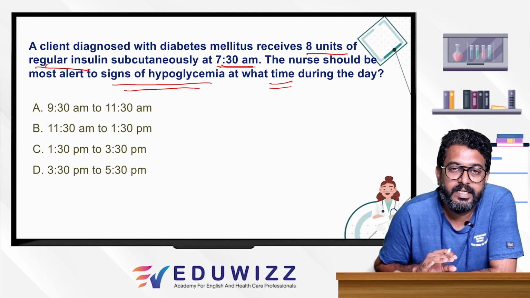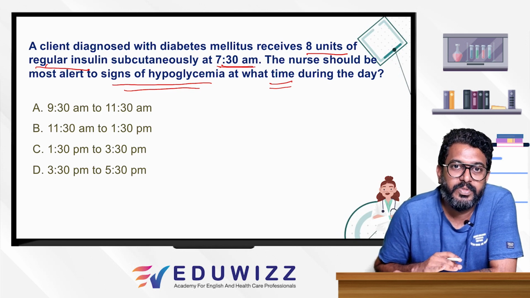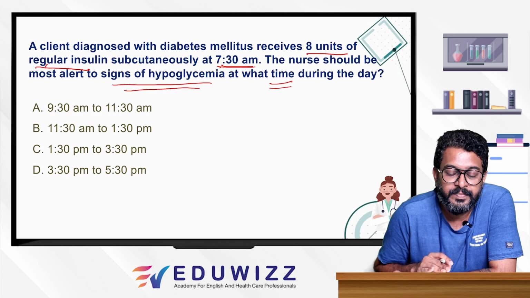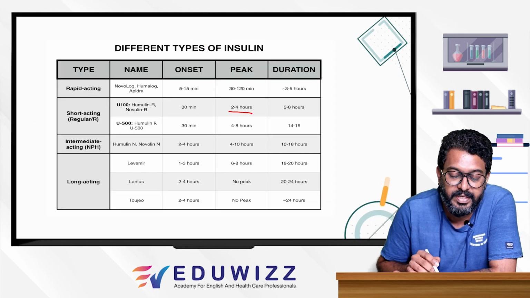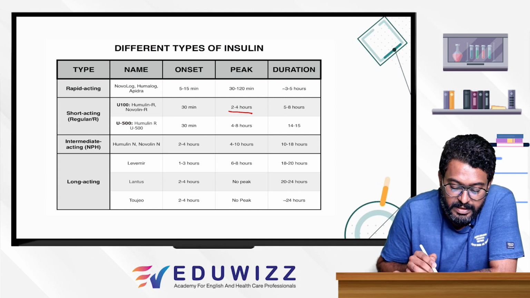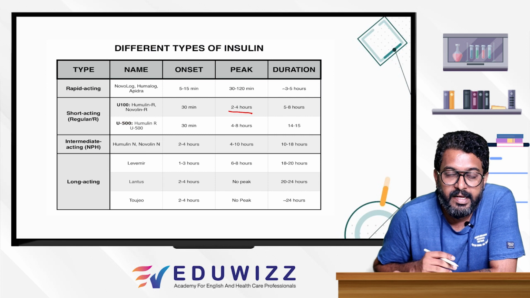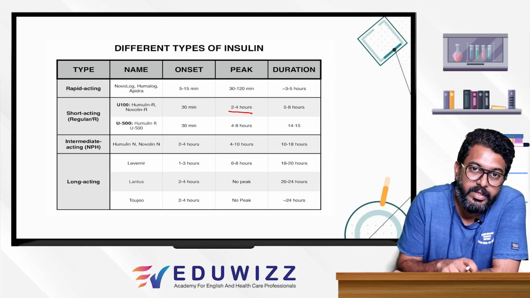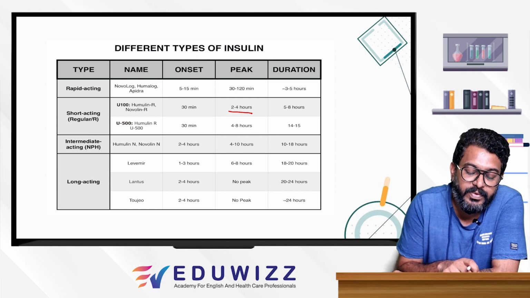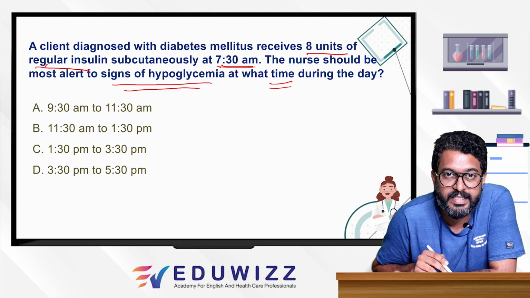You should study the peak hours of different types of insulin. Mostly they ask for regular insulin or NPH insulin, but each type of insulin has different onset, peak and duration. Peak hours are important because during these hours the insulin's action will be higher and it can lead to hypoglycemia. So if you know the peak hour of regular insulin, you will know when you should assess for hypoglycemia.